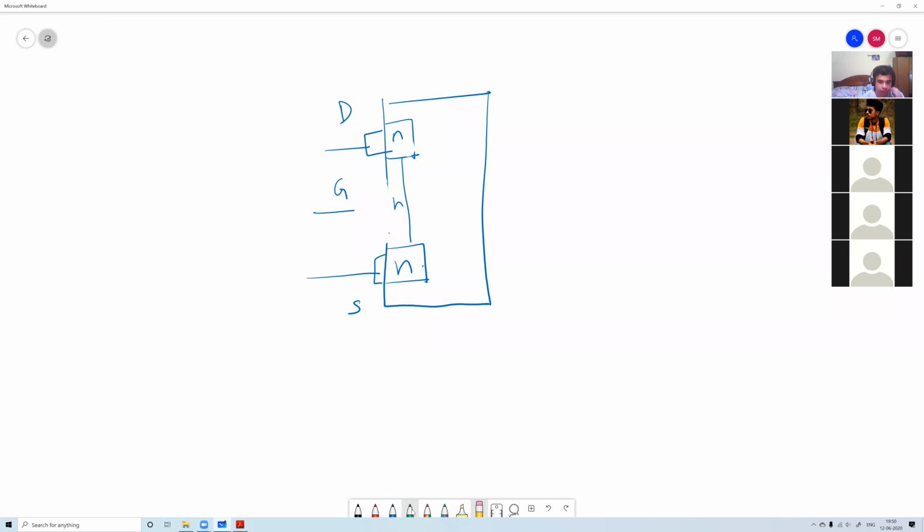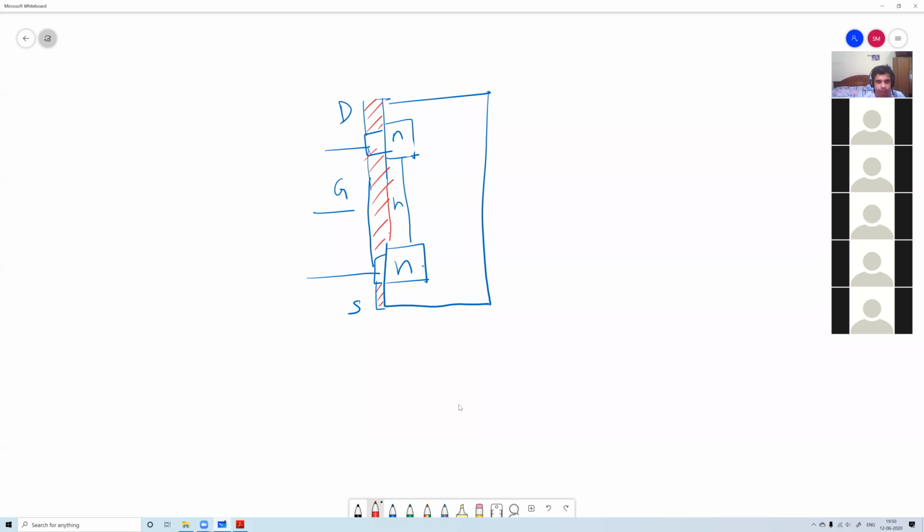There is a silicon dioxide layer, a dielectric layer. Here there is a dielectric layer. The dielectric layer is hashed in red. This is silicon dioxide. This is a dielectric or insulator.